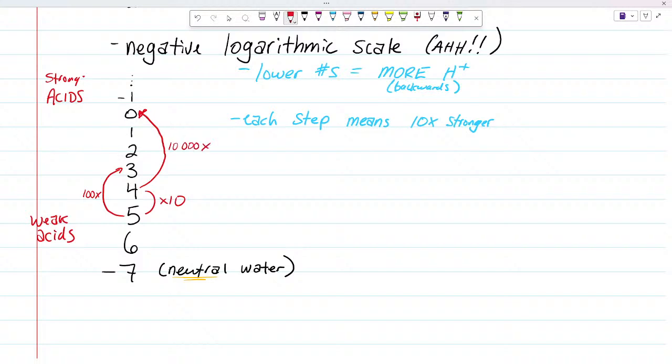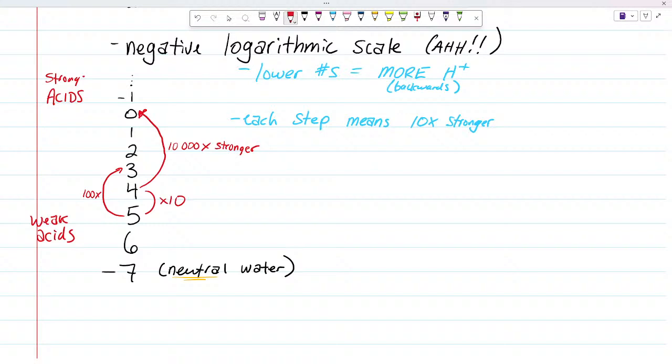So every time you make a step on the pH scale, you're going up not by 10, 20, 30, 40, but by 10, 100, 1,000, 10,000, 100,000, million, 10 million, so on and so forth. I think that meant to say stronger. So each step means 10 times stronger.